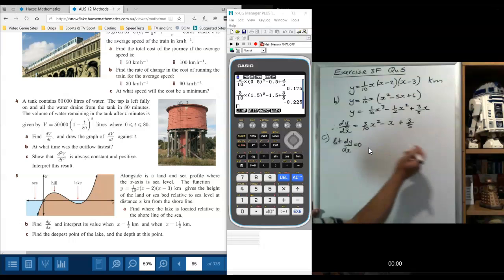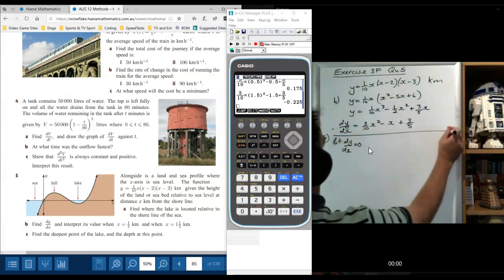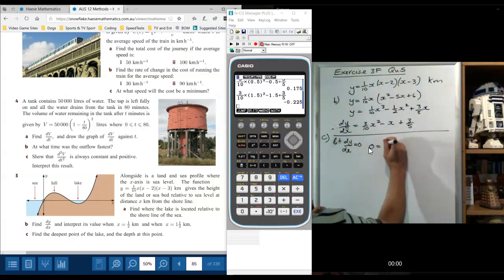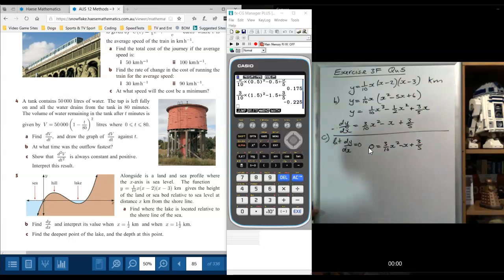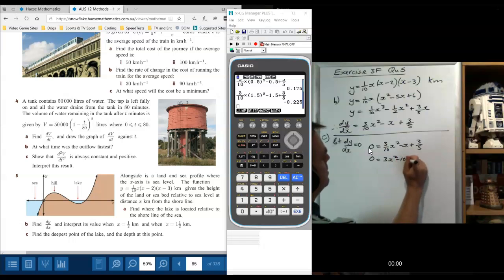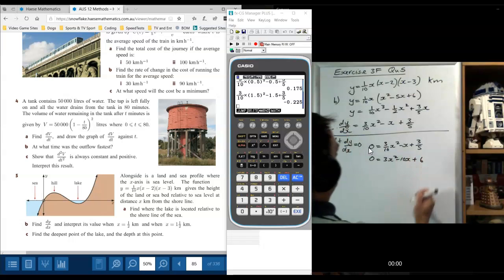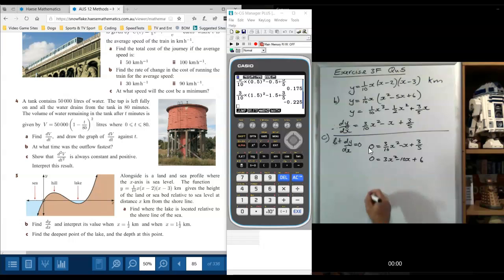This is really C, and I didn't really finish off B properly, but anyway. It would save us a little bit of time to work on our calculator. We multiplied everything through by 10, so we got 3x squared minus 10x plus 6, and so we can then solve our quadratic equation.